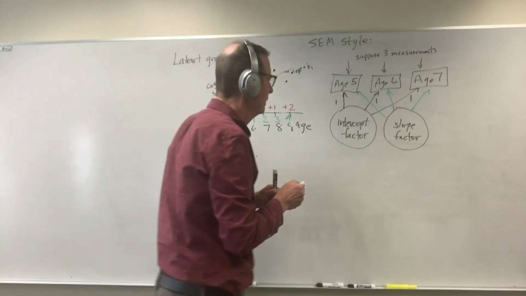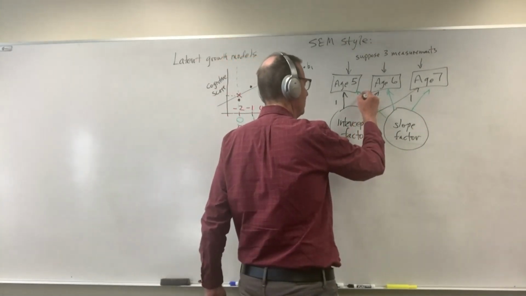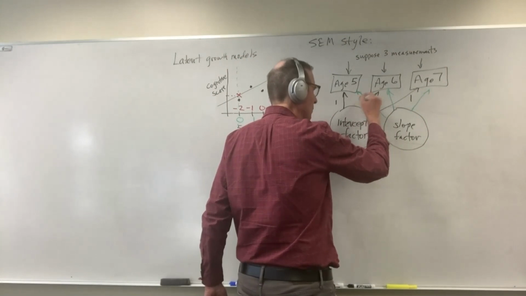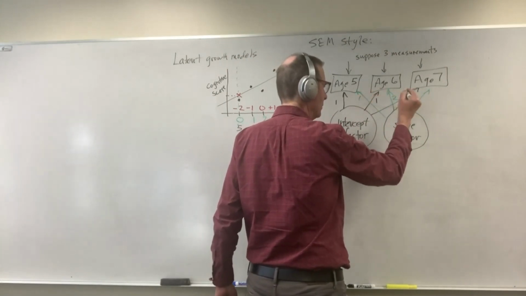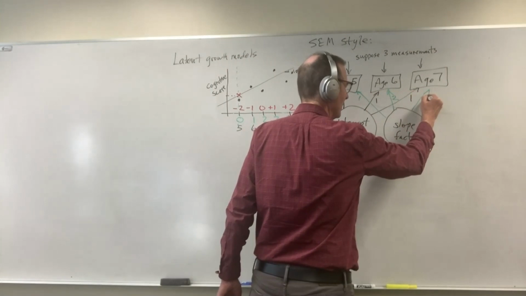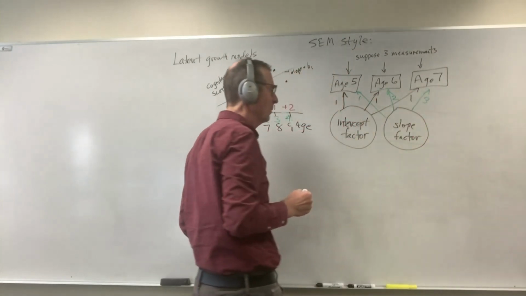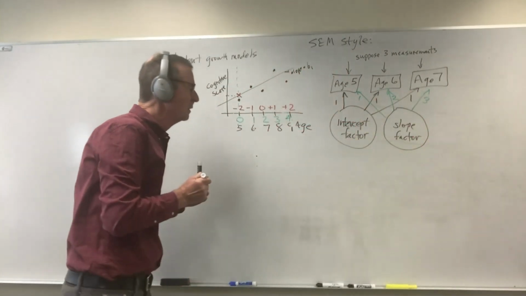And for the slope factor, you have this first slope path be 1. This slope path you constrain to equal 2. And this path from the slope factor is constrained to be 3.